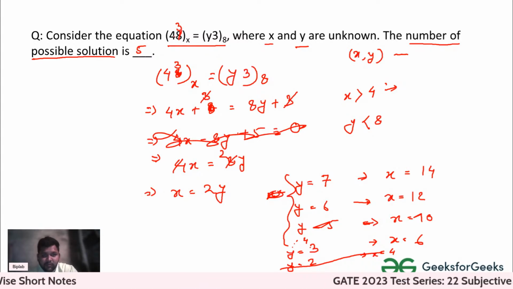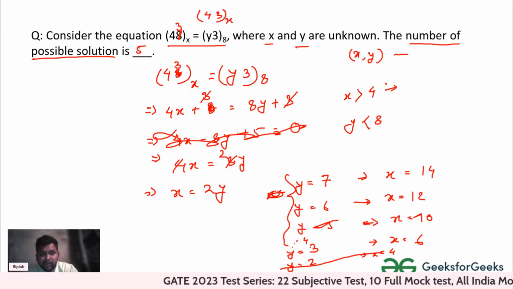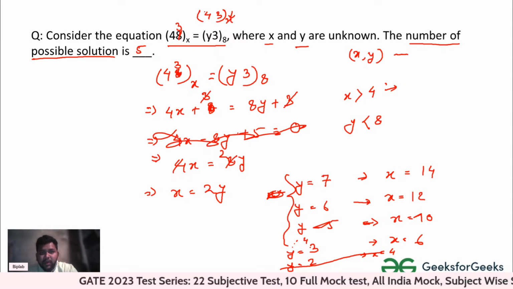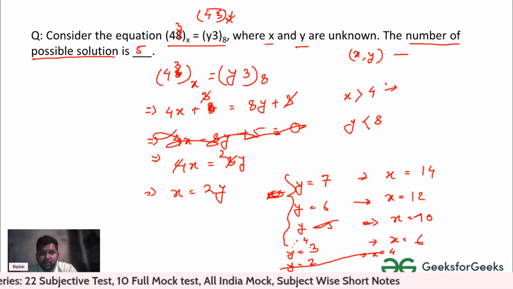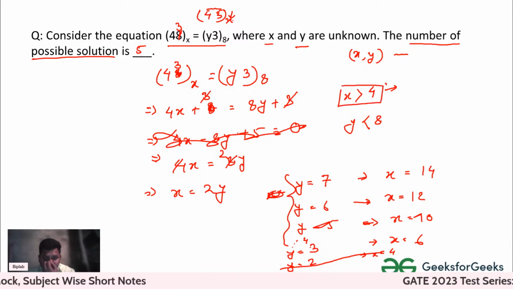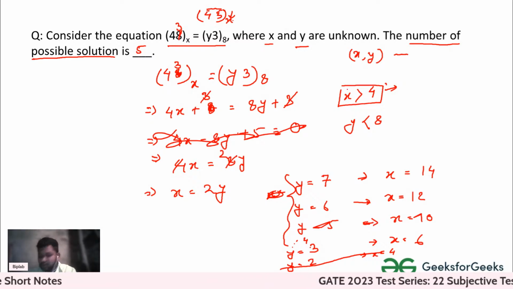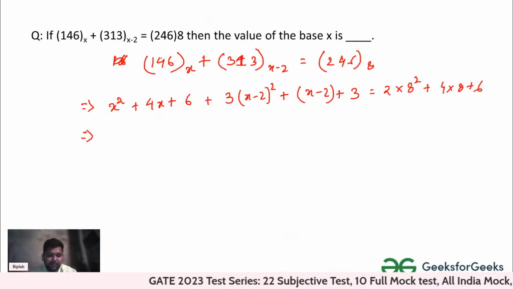That's because the number is 43 base x. So the radix should be greater than all of the digits here. It should be greater than 3 and greater than 4, so we take the maximum one and get x greater than 4. That is the property of radix.